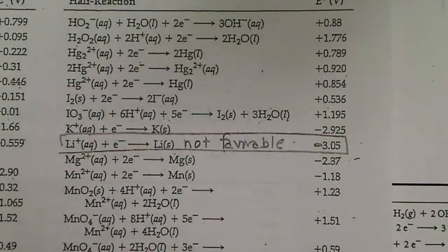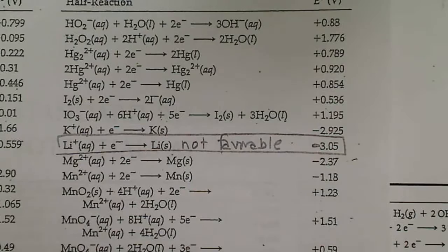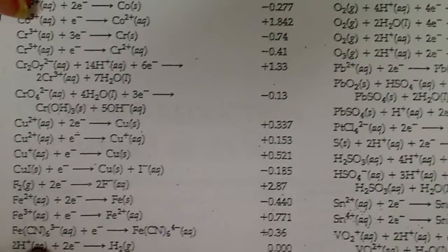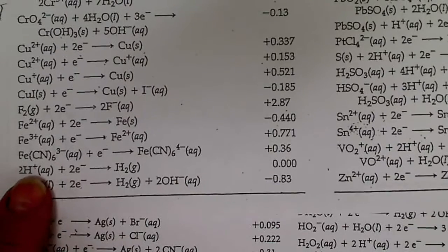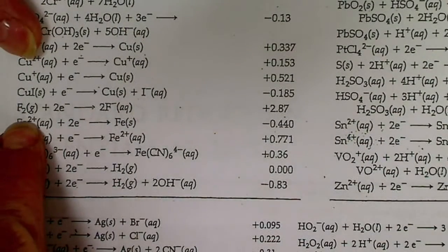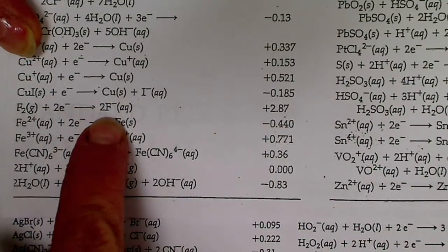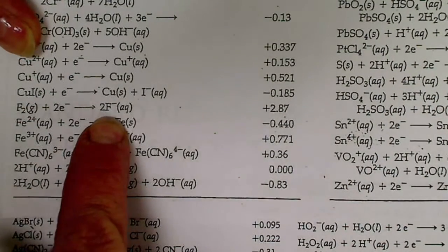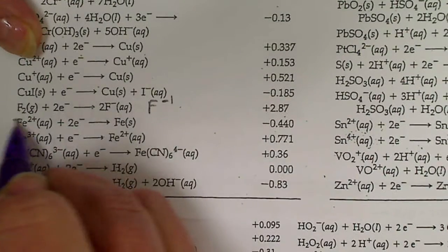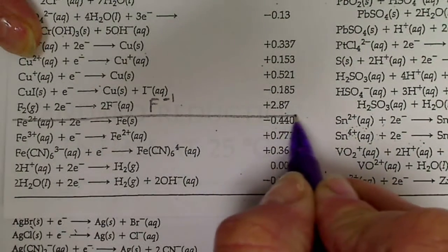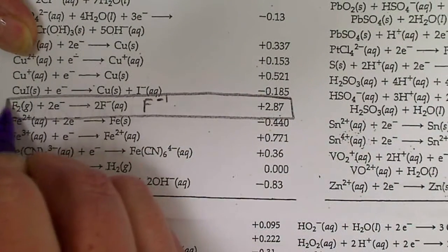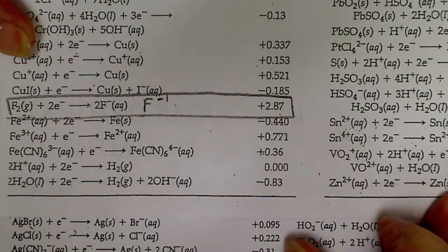If we find fluorine on this table of reduction potentials, we see the element fluorine gas turns into 2 fluoride ions, F-1. The reduction is very favorable. In fact, fluorine loves to steal 1 electron.